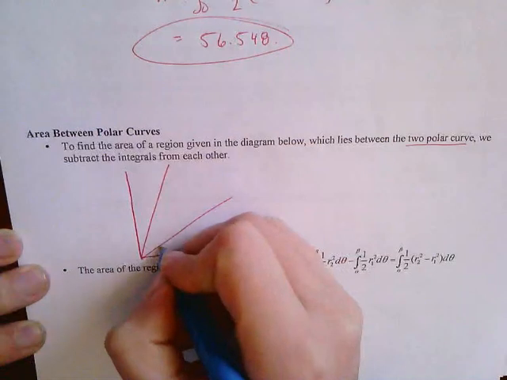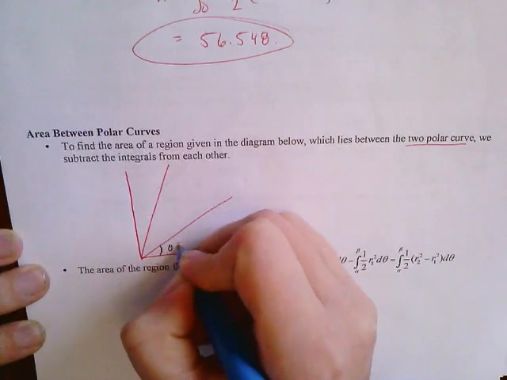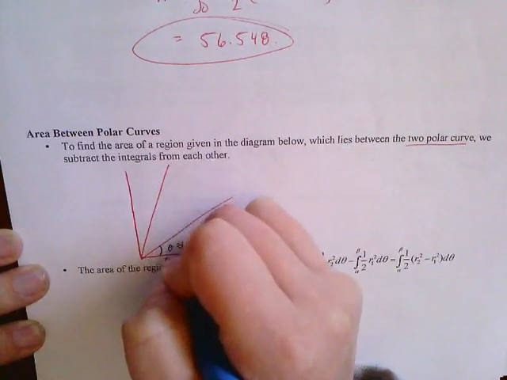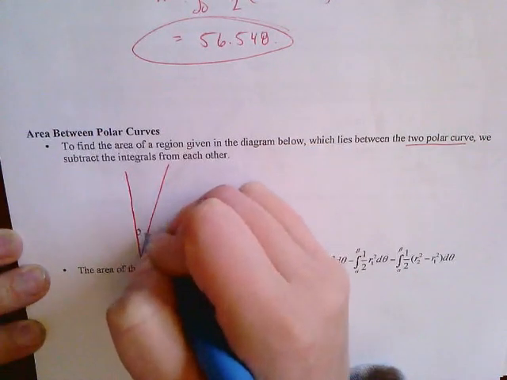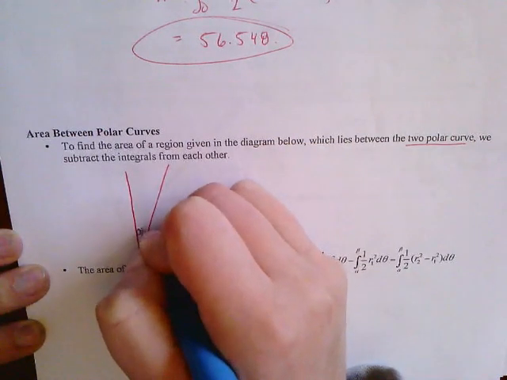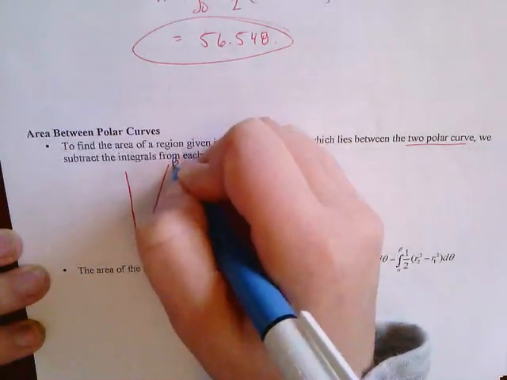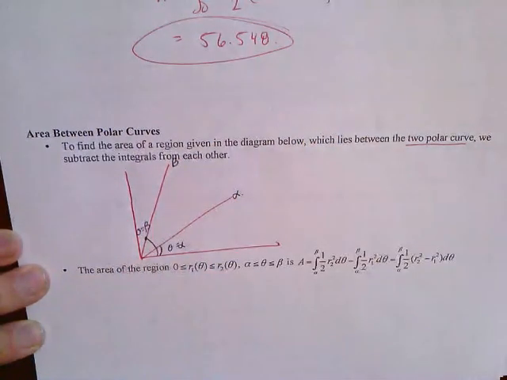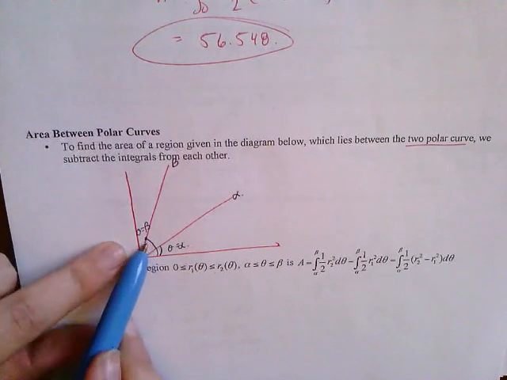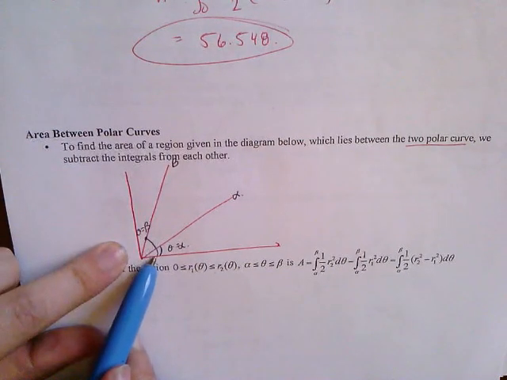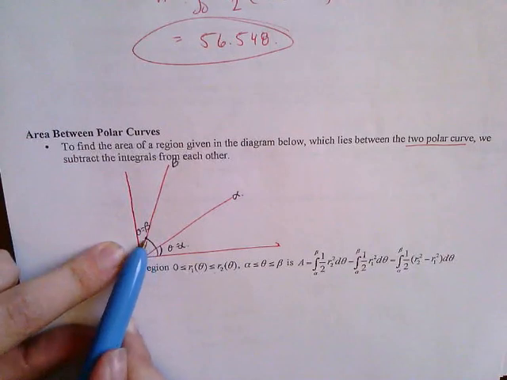Okay, so this angle right here, theta is alpha, but this angle right here is theta equals beta. So this is beta and this is alpha. Okay, so keep in mind that when we say beta, it's not just this angle in here, it's going to be from the axis all the way up.